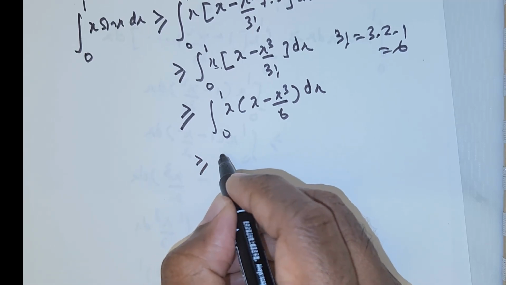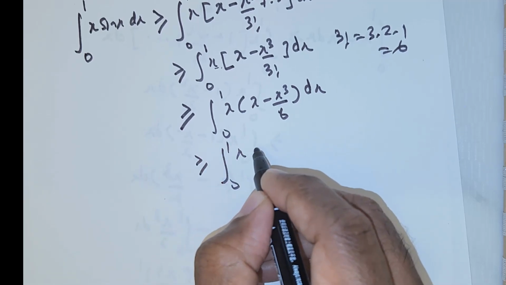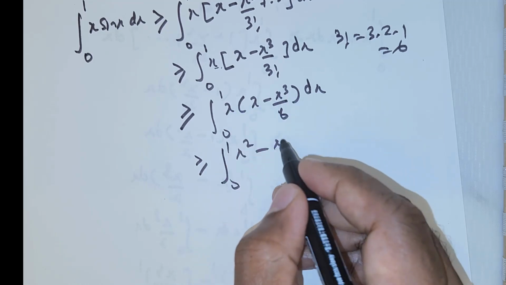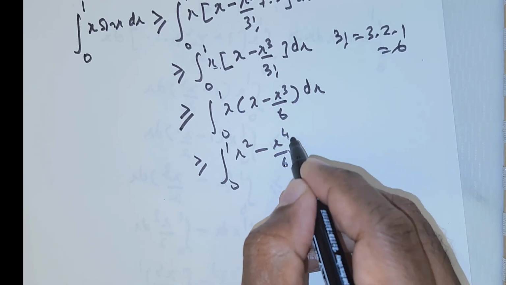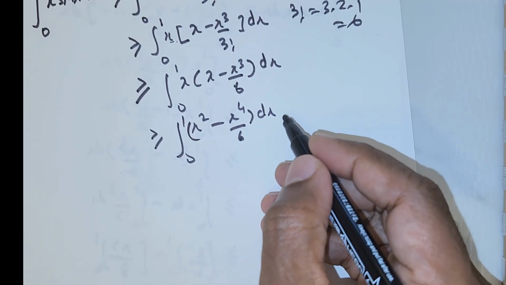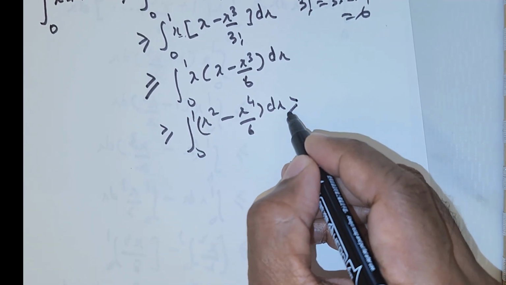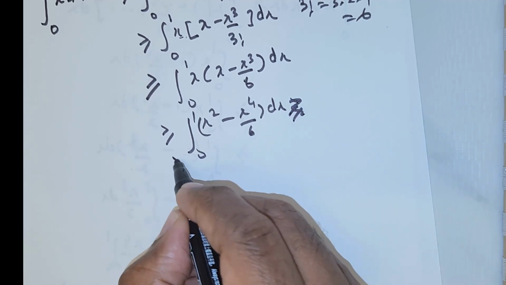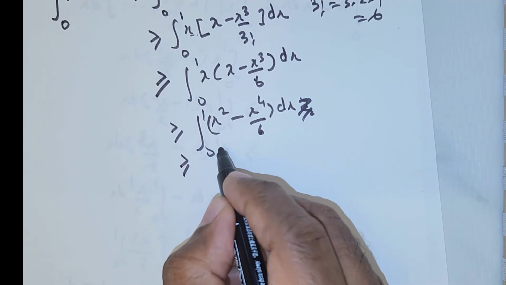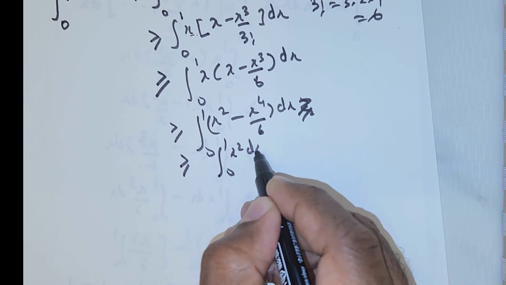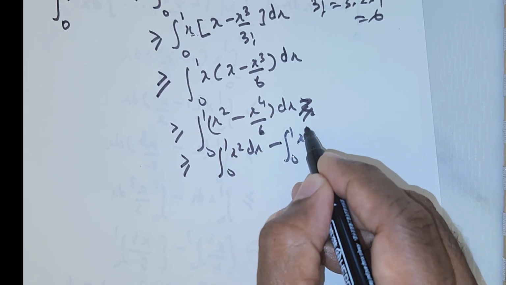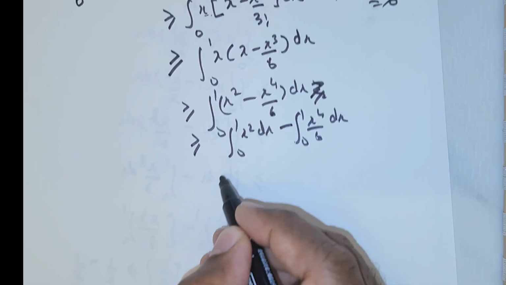Now this is greater than or equal to the integral 0 to 1 x into x is x squared, x into x to the power of 3 is x to the power of 4, divided by 6, times dx. Now this is rewritten as, let me use this space here, integral 0 to 1 x squared dx minus integral 0 to 1 x to the power of 4 over 6 times dx.